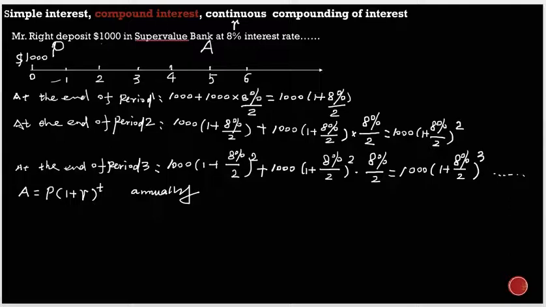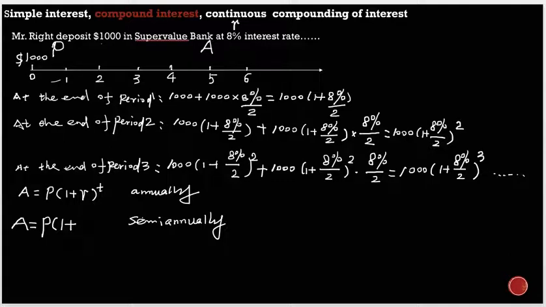So let's derive a formula for semi-annually compounded interest. The accumulated amount is A. The principal is the same, P, times 1 plus the interest rate.